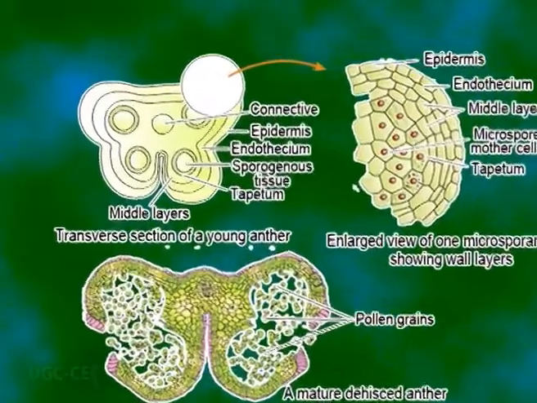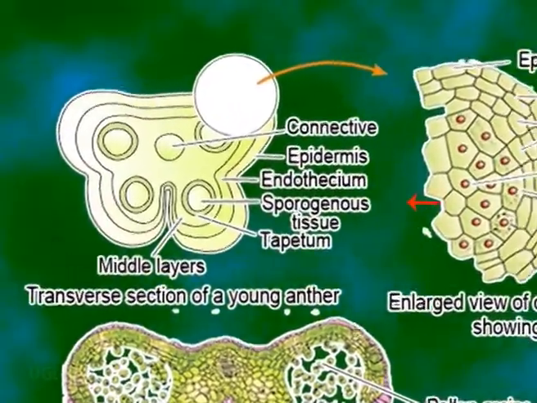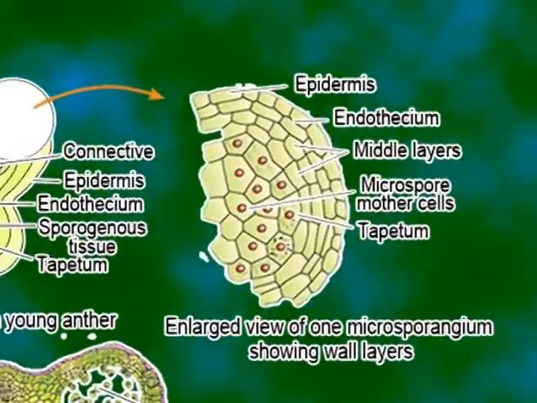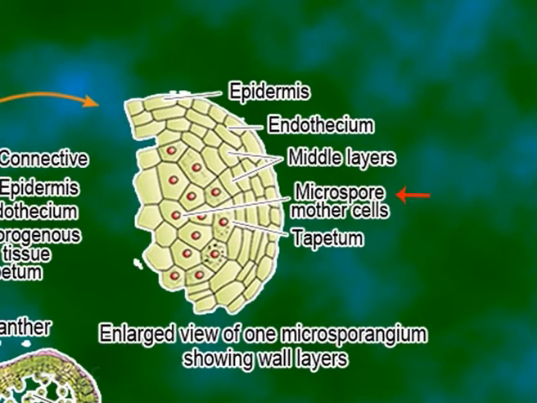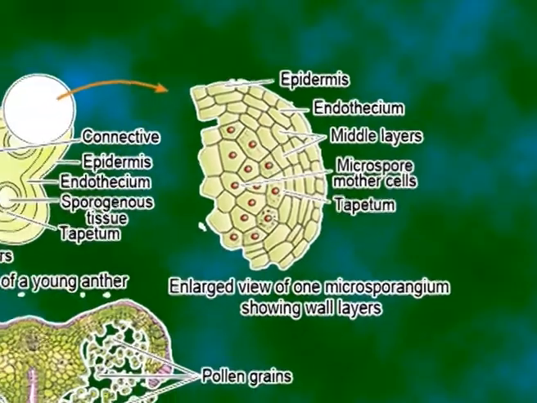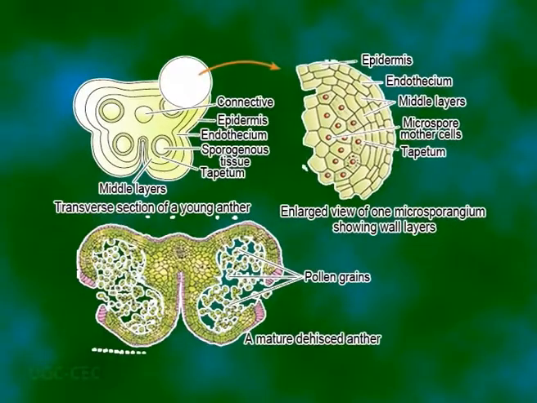When the anther is young, a group of compactly arranged homogeneous cells called the sporogenous tissue occupies the center. Each cell of sporogenous tissue is a potential pollen mother cell, that's PMC, that forms microspores through meiosis. The process is called microsporogenesis.